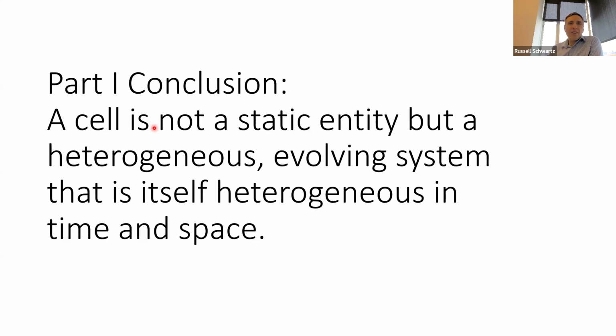Cells evolve, even our own cells that have quite a few mechanisms built into them to prevent them from evolving continue to evolve somatically, and they establish a heterogeneous evolving system of populations of cells that itself is heterogeneous in both time and space.